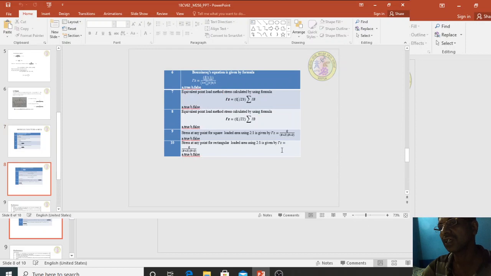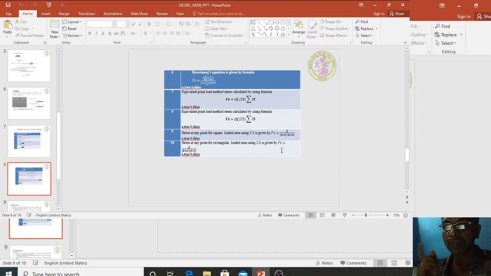False. Next, Boussinesq's equation is given by the formula Q by Z square, 3 by 2 pi, (1 plus (R by Z) whole square) whole to the power 5 by 2. Here it is 3 by 2 pi, it is correct. A. Equivalent point load method stress calculation is by the formula Q dash by Z cube into summation of IB.